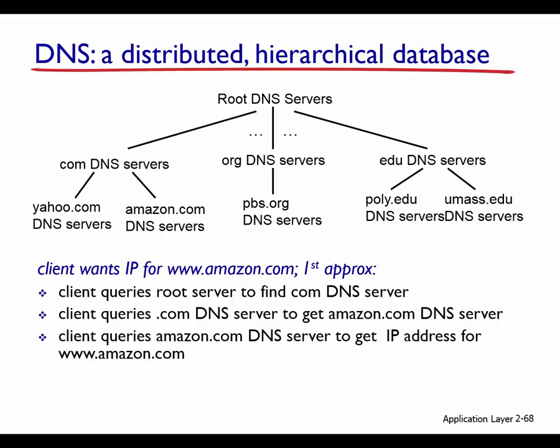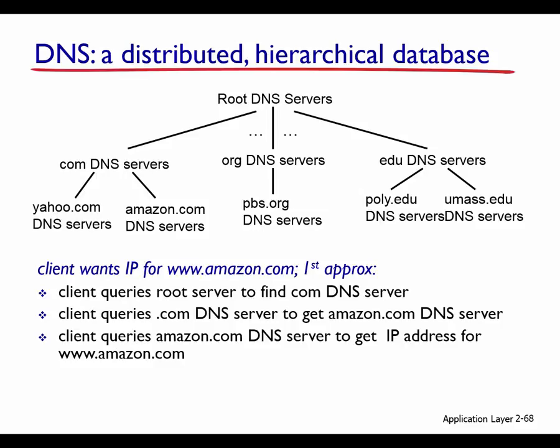So this is how DNS is set up. There is a root DNS server. You have to go to the top of the tree structure, to the root, very similar to how the Unix operating system file structure is set up.